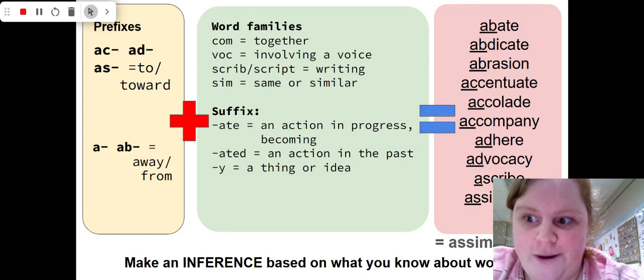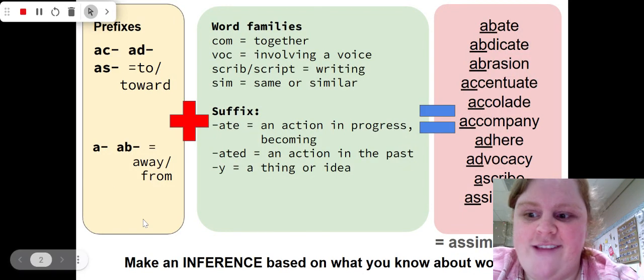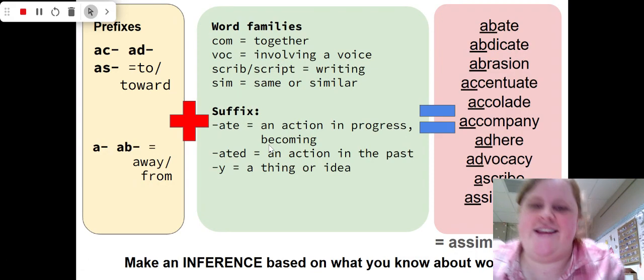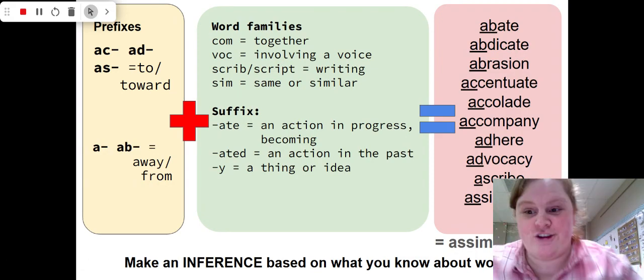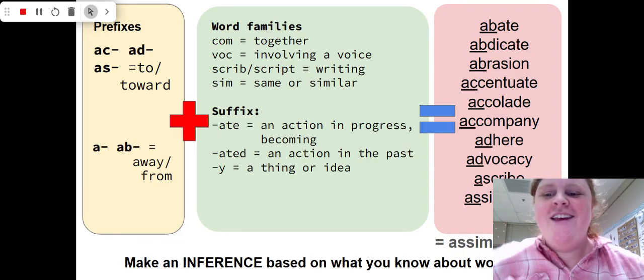Let's talk about word parts here. So again, our prefixes are what we're focusing on. All of our words have one of the prefixes listed. Word families are something you're going to learn more in depth in the future when we're done focusing on prefixes.